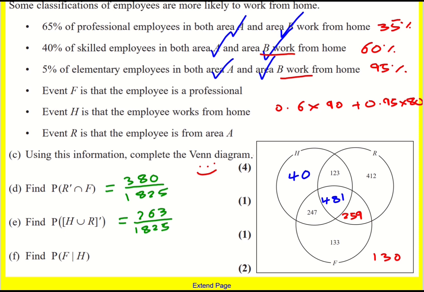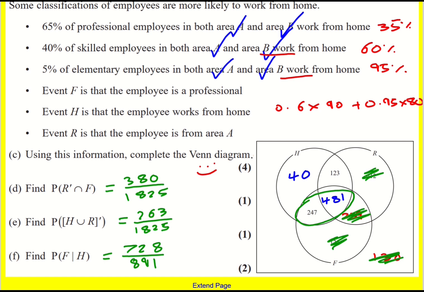And finally, the probability of F given H. Now, there is a formula for this, but in this sort of Venn diagram scenario, there's a much easier way to do it. Given H, so we can basically just ignore these. We know it's going to be out of these people here. And then if it's also got to be in F, well, that's these people. So I can add them together. This gives 728 divided by the total number of people in H, which is 891.